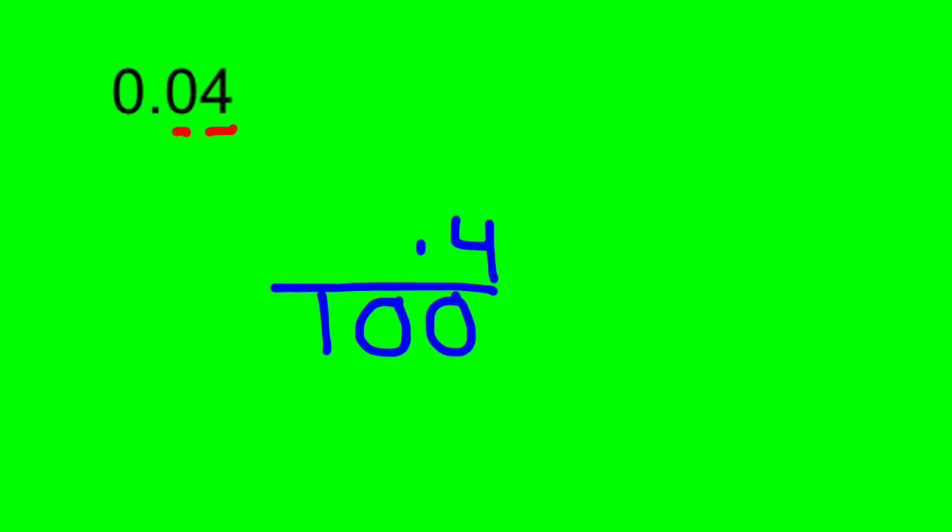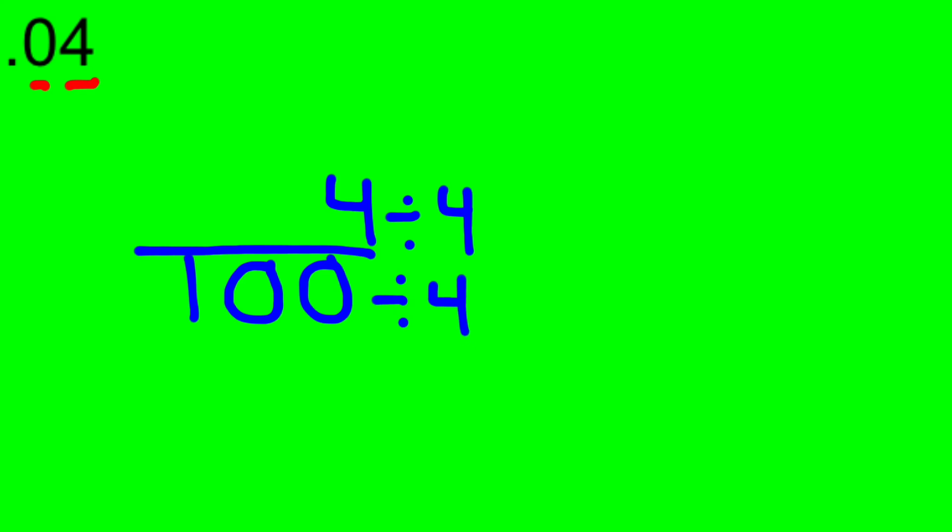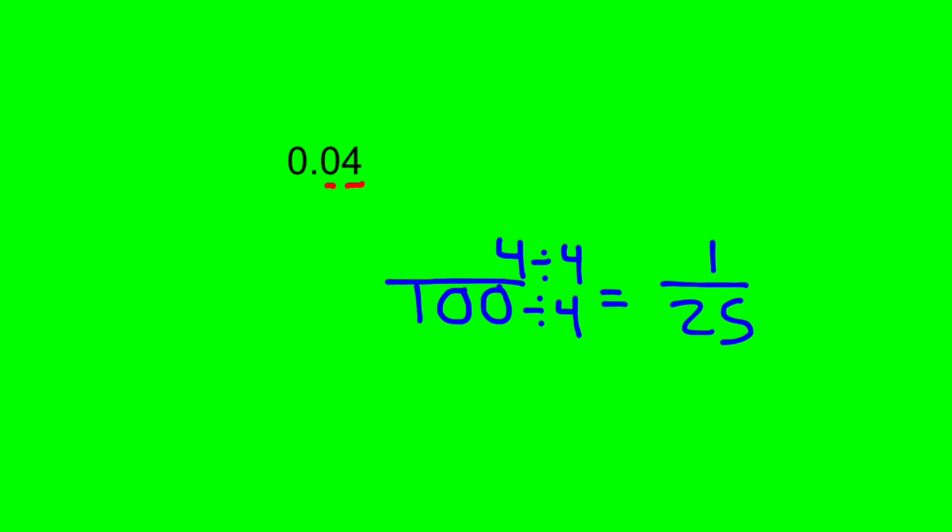So really, I would just put the 4 on top. And then I would want to try to think of the largest number that would divide into 4 and 100. Well, it's actually 4. Or I could divide by 2 twice. Either way, 4 divided by 4 is 1, and 100 divided by 4 is 25. And this fraction in simplest form is 1 over 25.